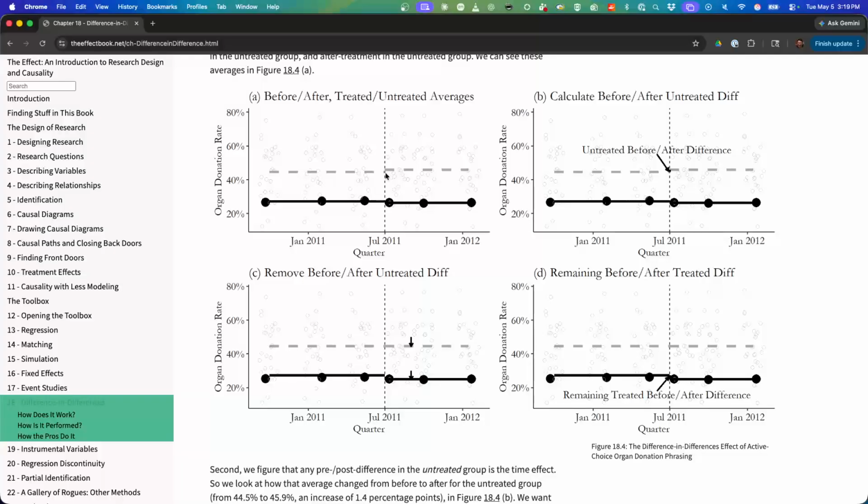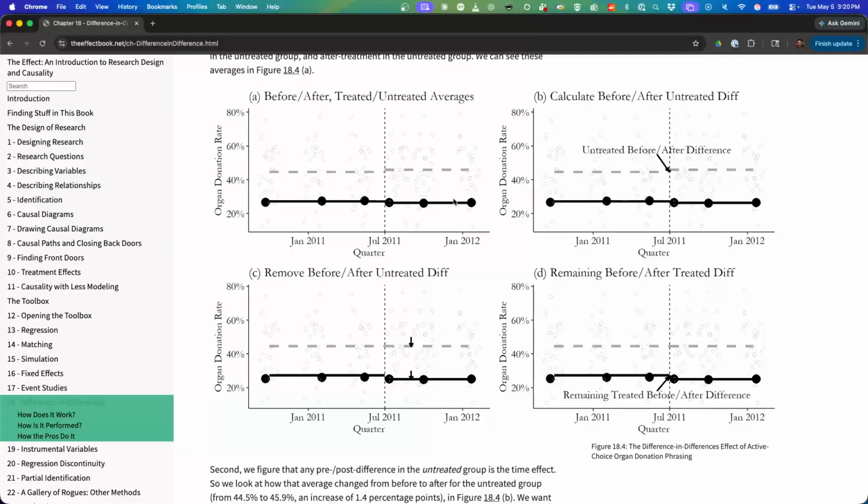And so there's actually a very small increase in donation rates after the treatment for other states. So over time, something's happening to bump up that organ donation rate slightly. And so we would expect, had we not applied this treatment to California, the assumption is that California would also see a commensurate increase in its organ donation rates just over time.